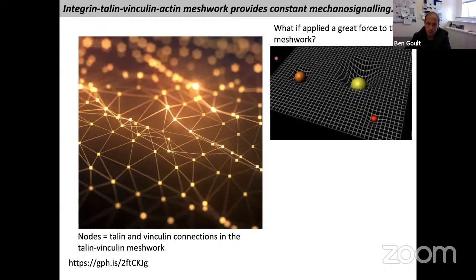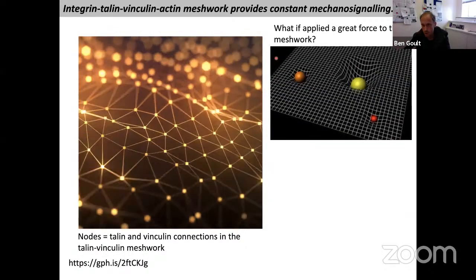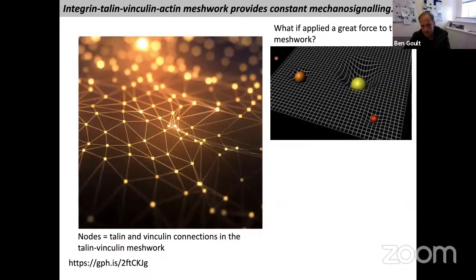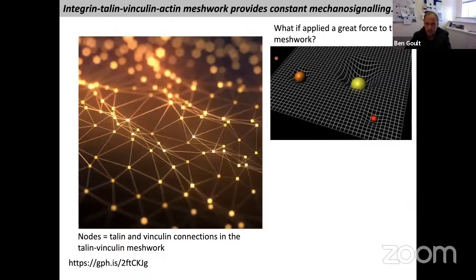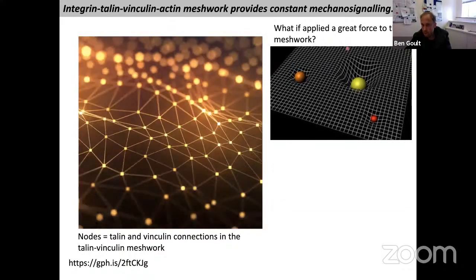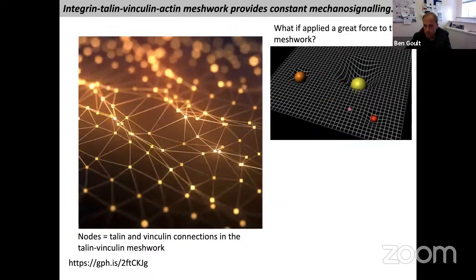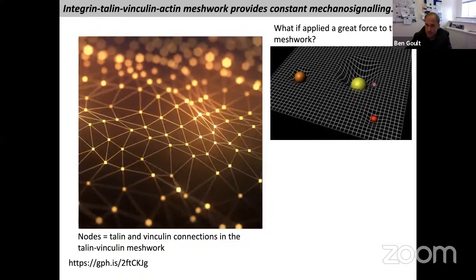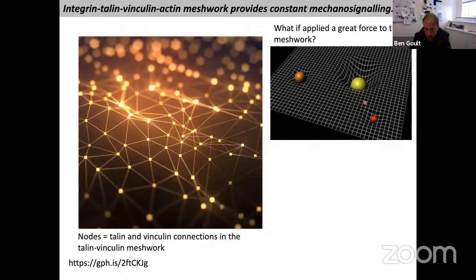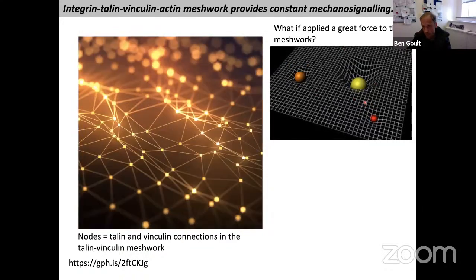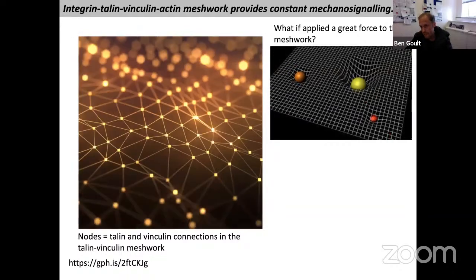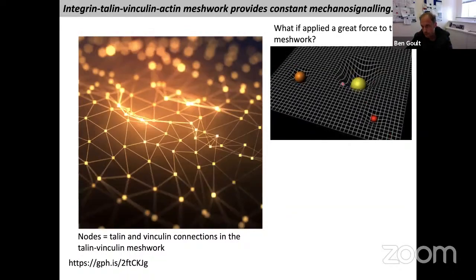And you can start to wonder what would happen if we were to exert force onto that, and to ask some really simple conceptual questions, like, what if you applied a great force to such a meshwork? And this is gravitational field waves, but it's the same sort of thing. You've got this nexus, this meshwork of signaling molecules, and then you're perturbing it either slightly or with a large perturbation.